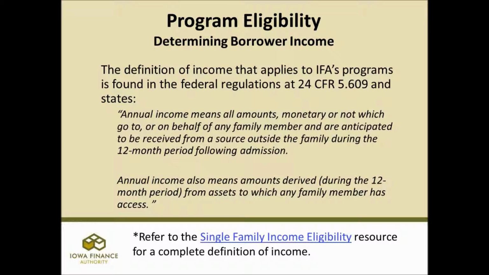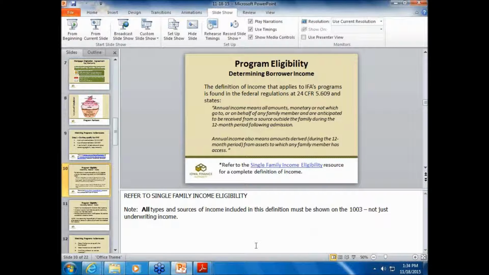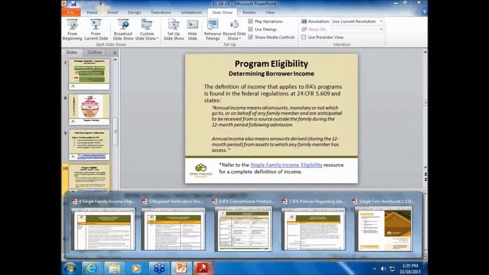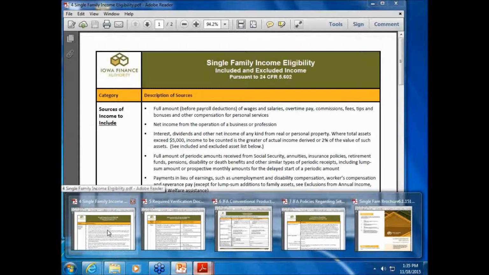The other thing to point out is that our definition includes income from assets, and we have some cheat sheets on this that I'll pull up here again. This is where I think we see a lot of confusion potentially with respect to reporting on the 1003.